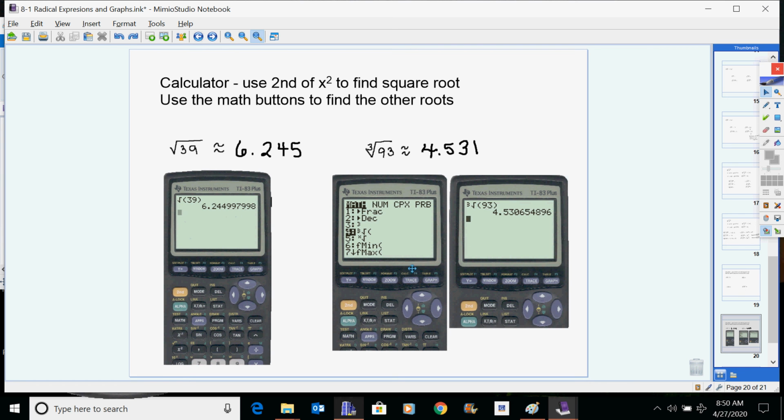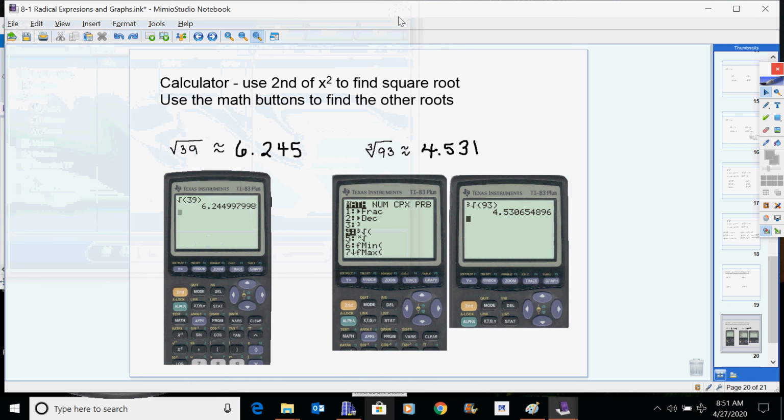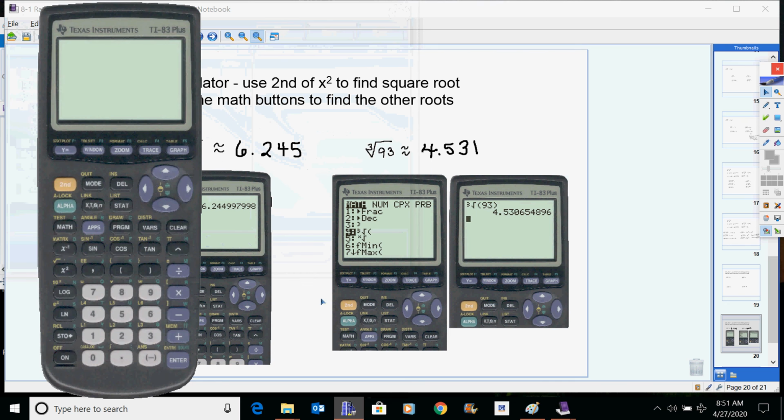The square root is there. The cube root and the fourth root are hiding under the math buttons. So if we go under math, and then you go down here, here's where cube root's hiding, just like on this screenshot here.